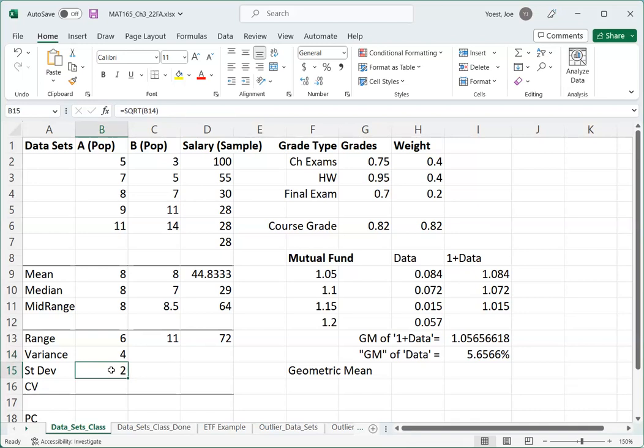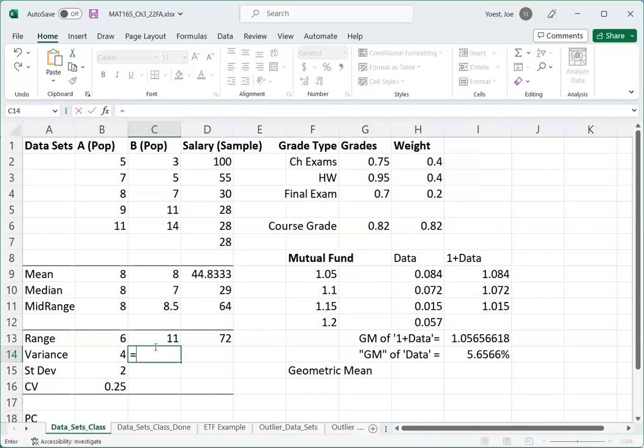I'm back in returns per day, so Ashley's standard deviation is 2 returns per day. Ashley's coefficient of variation is her standard deviation over her mean, or 0.25 in this case, 2 over 8. That's a unitless number for coefficient of variation that allows us to compare across data sets.